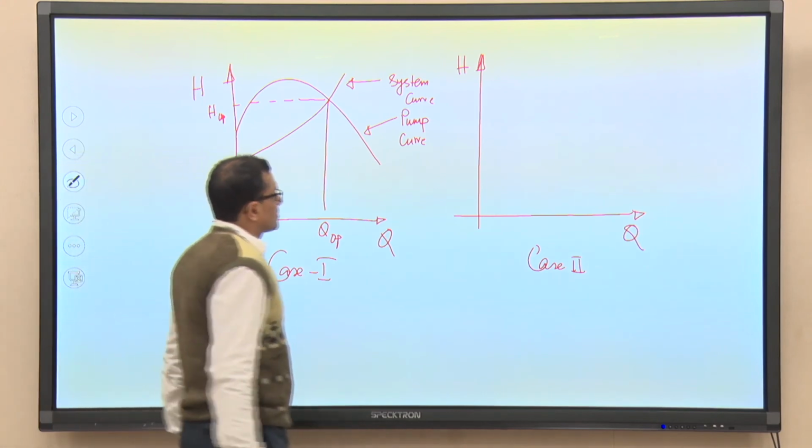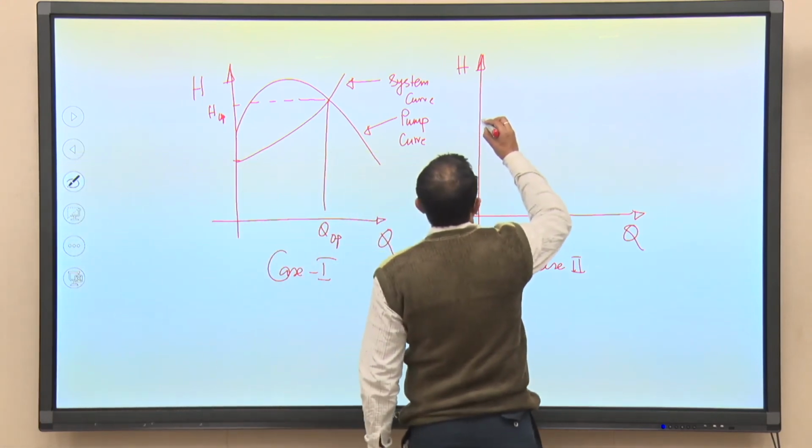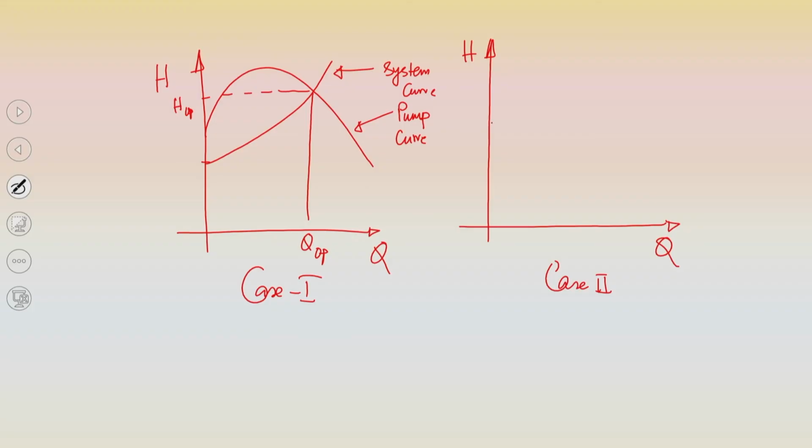Even if this is not the case, say we have one pumping characteristic like this, and the system resistance curve is like this. So, this is Q operating, this is H operating, this is pump, and this is system.